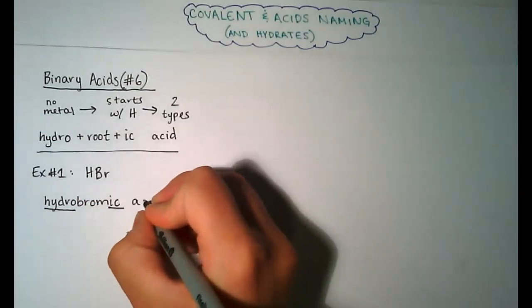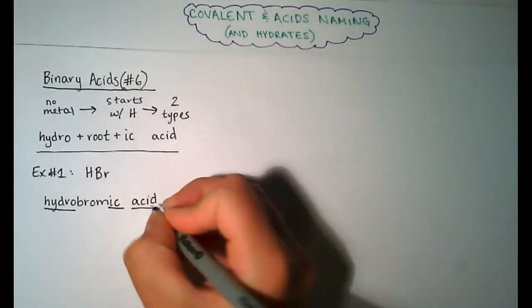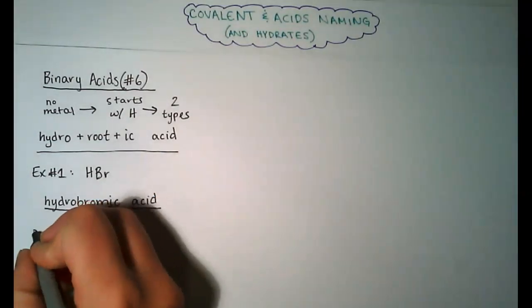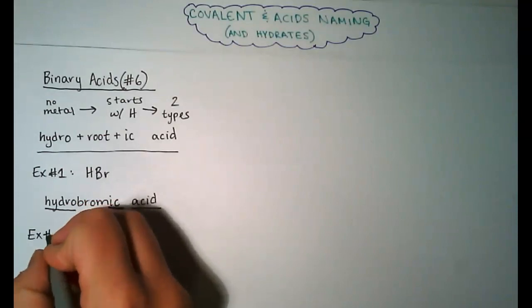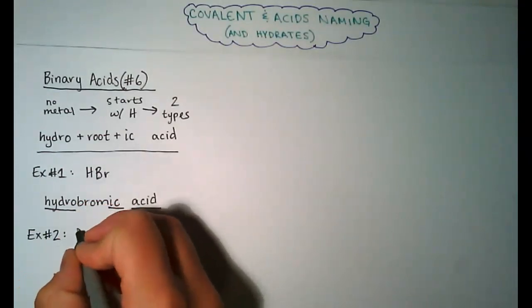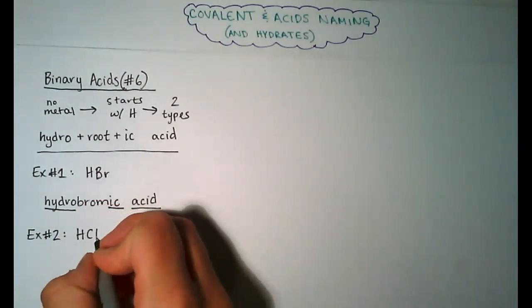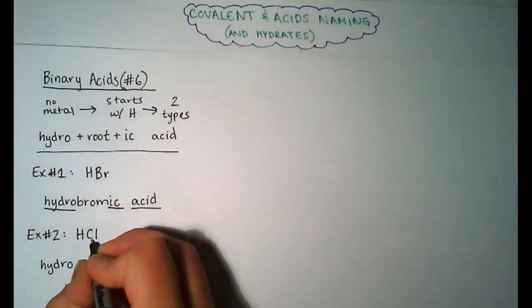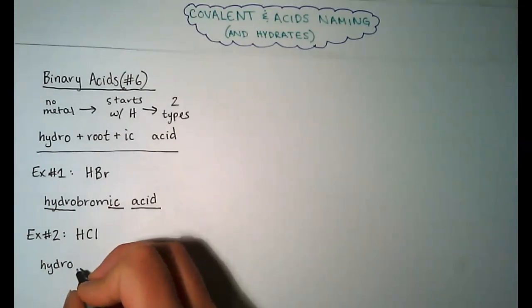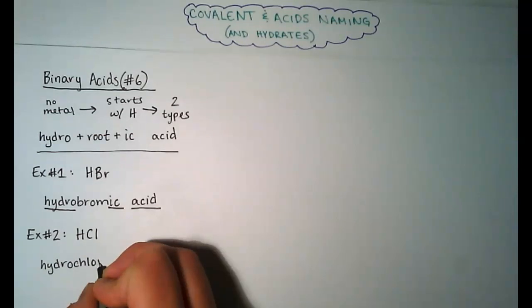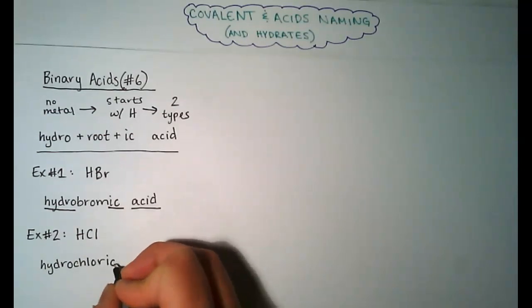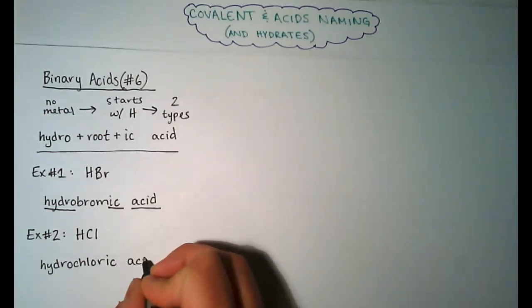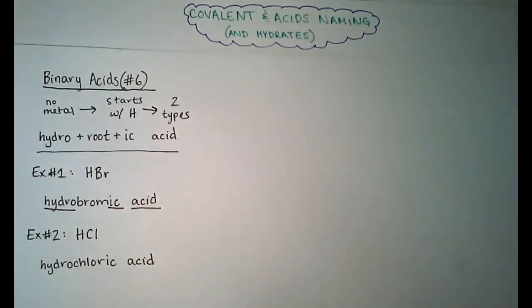And then we add the word acid. Hydrobromic acid. And then example number 2, we have HCl. We start off with hydro to indicate that it's the element chlorine. We take the root of chlorine, which is chlor, change the ending to ic, and add the word acid. So we have hydrochloric acid.